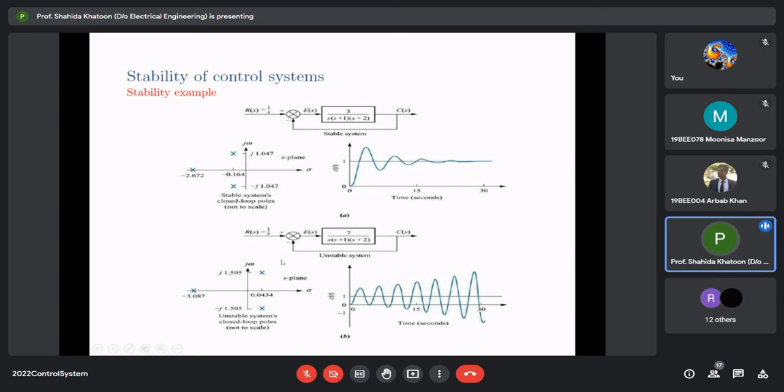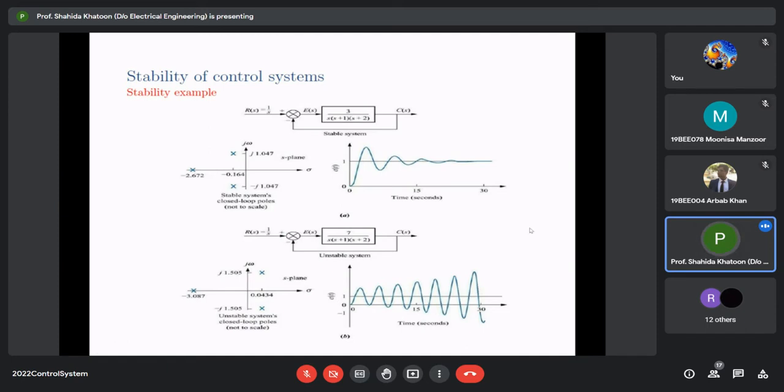If we have complex conjugate poles on the right half of the S plane, then the system is unstable, and its time response will grow exponentially and will be oscillatory also, right? So such a system is an example of an unstable system.